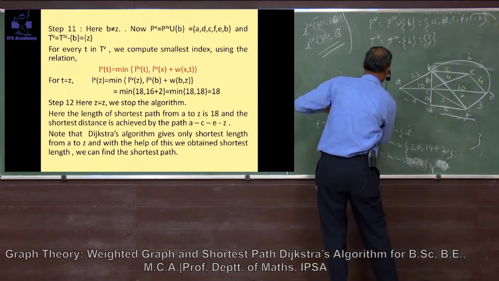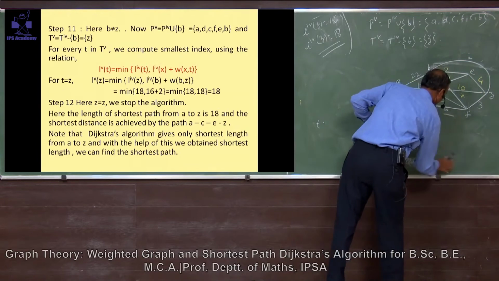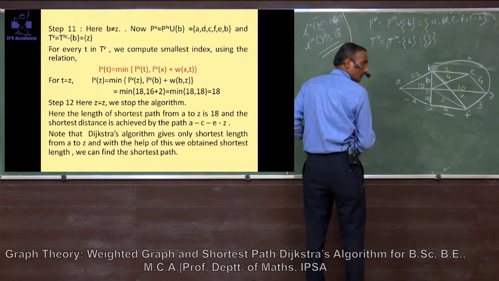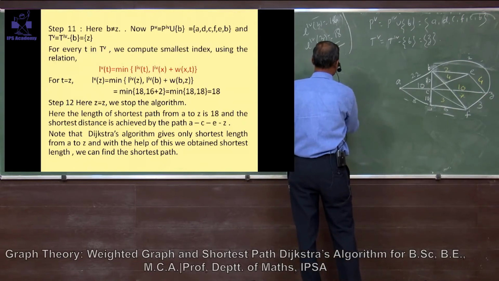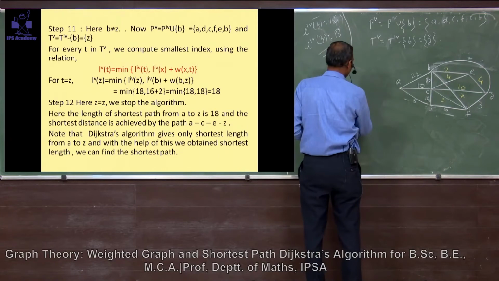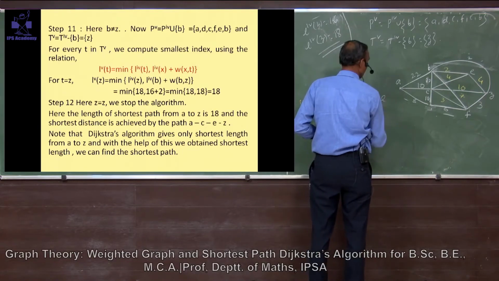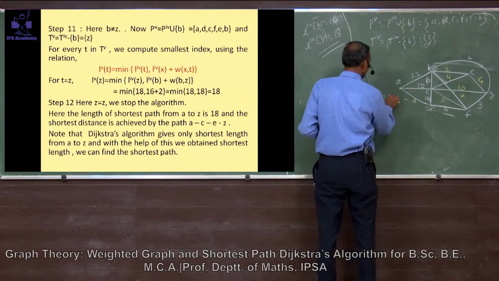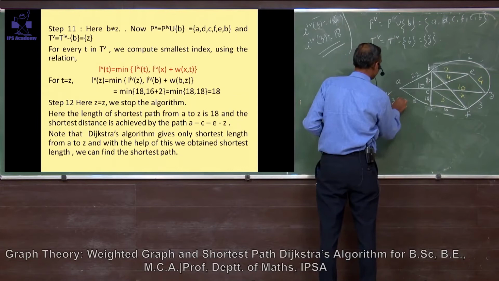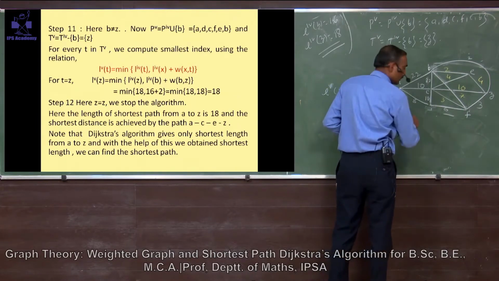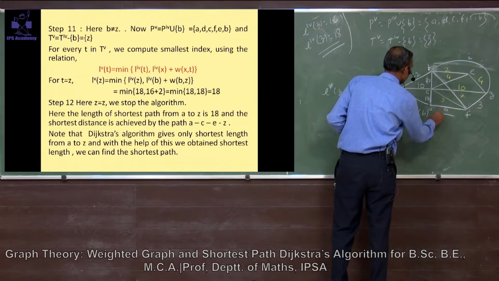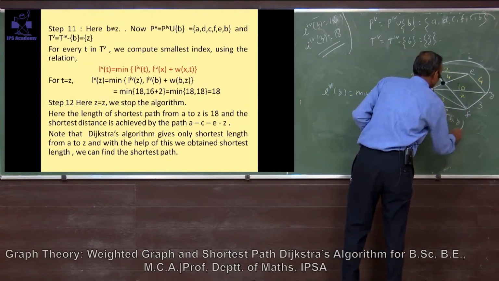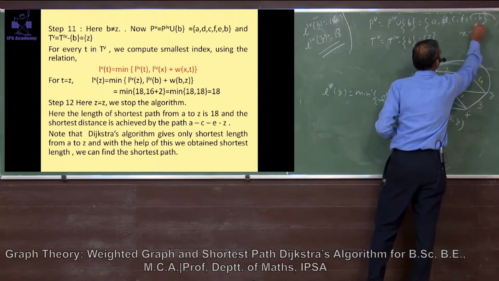We take the relation: L5 of Z equals the minimum of L4 of Z comma L4 of B plus W of B comma Z, because we choose x equals B here.